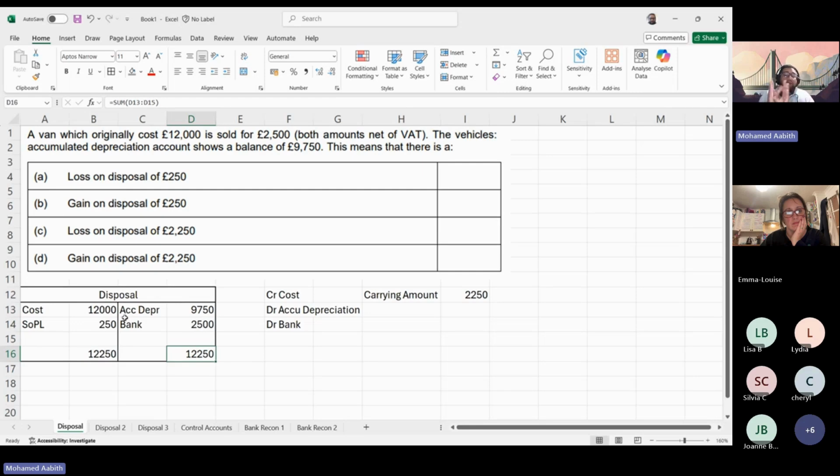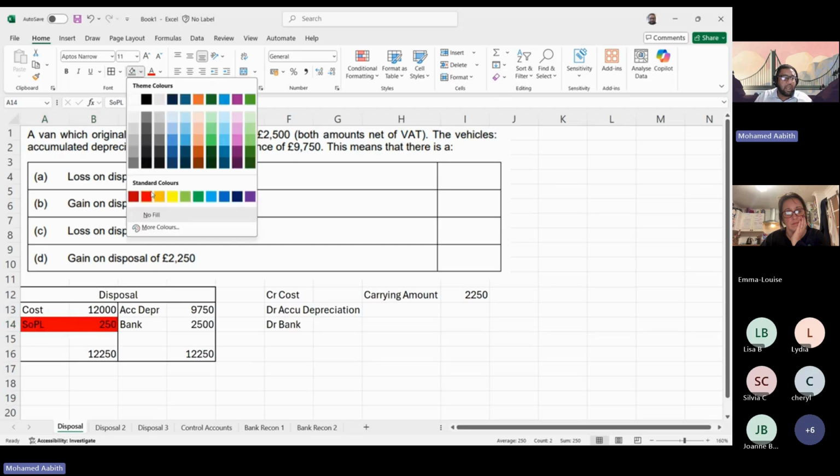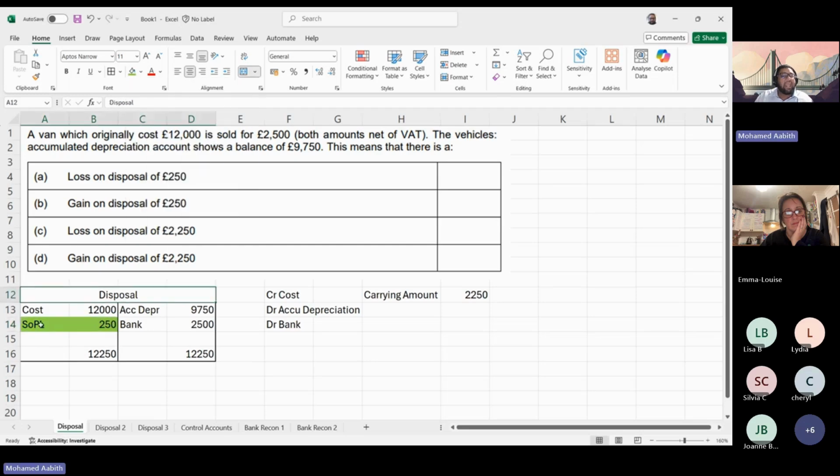Why? This is going to be either profit or loss, income or expense. This is what goes into your statement of profit or loss. These balances never get carried over to the next period. So in this period, when I disposed of my non-current asset, I managed to make a gain on disposal of £250.